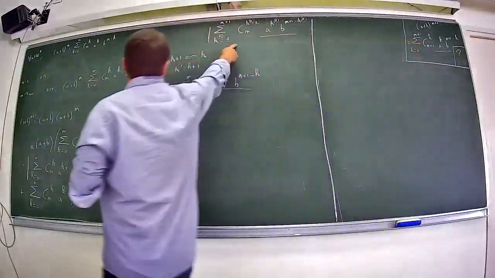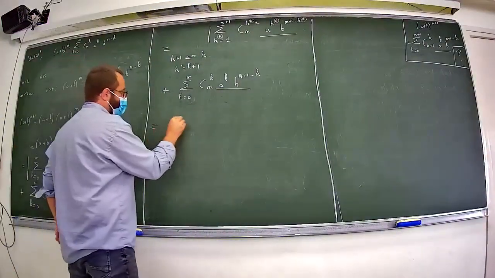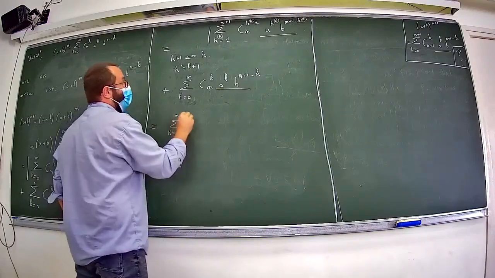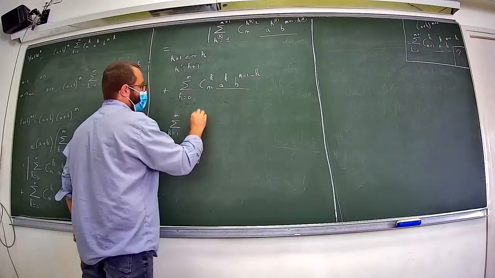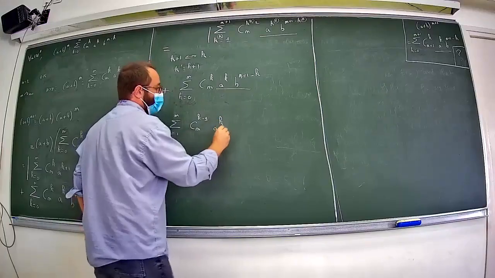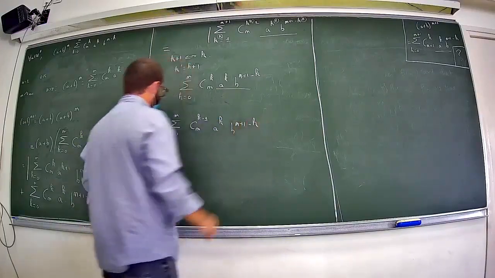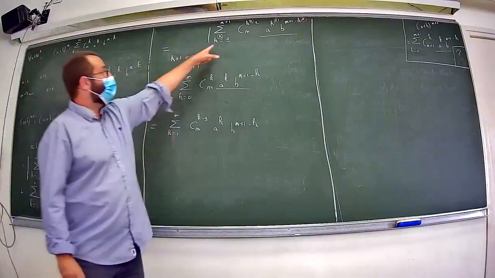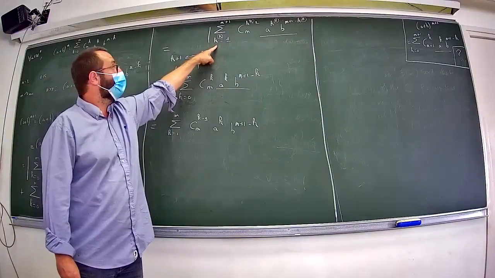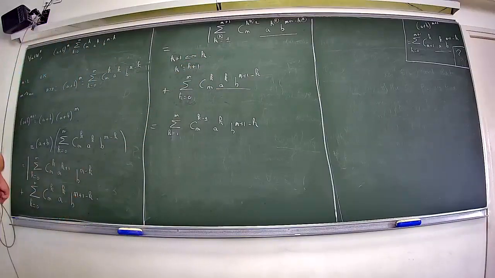That's why I write the first part of the sum as the sum from k equal to 1 to n of C(n,k minus 1) a^k b^(n plus 1 minus k). But if I do this, I miss the term for k equal to n plus 1.